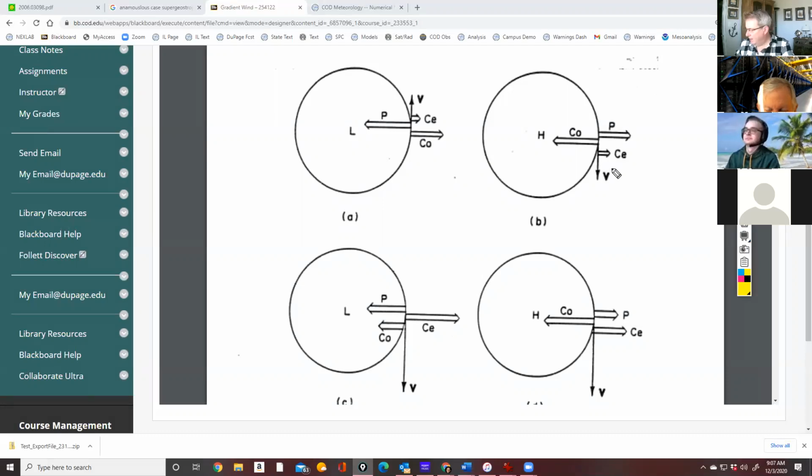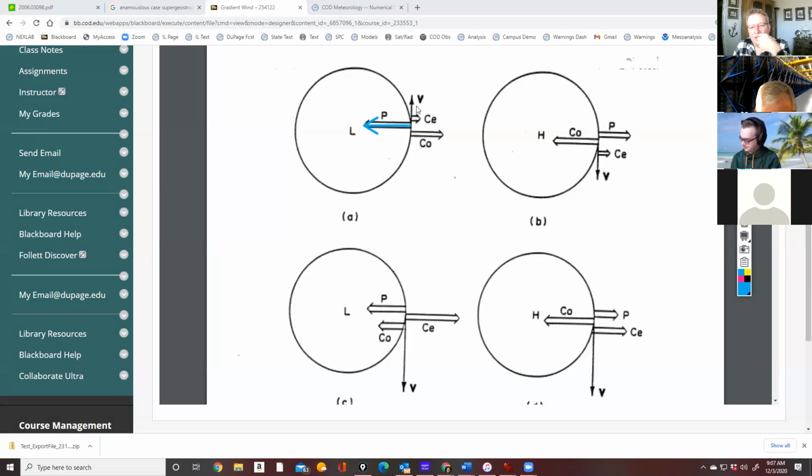So what I'm saying is, here I have these forces around an area of low pressure. The pressure gradient force points inward, like this, right? It points from high to low pressure.